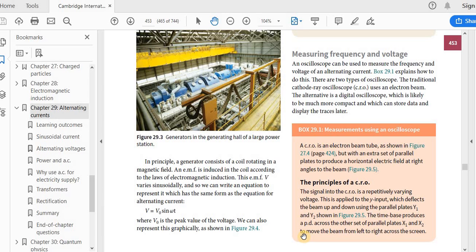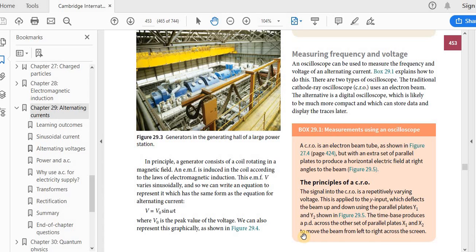Now in the generator, the axle of the generator is connected to the turbine, so when the turbine turns, the axle in the generator is turned. So when the axle inside the generator turns, it is connected to the electromagnet, so the electromagnet turns. Now we switch on the electromagnet, so there is a magnetic field around the electromagnet. Now when the electromagnet turns, the magnetic field lines around that electromagnet will cut a coil of wire.